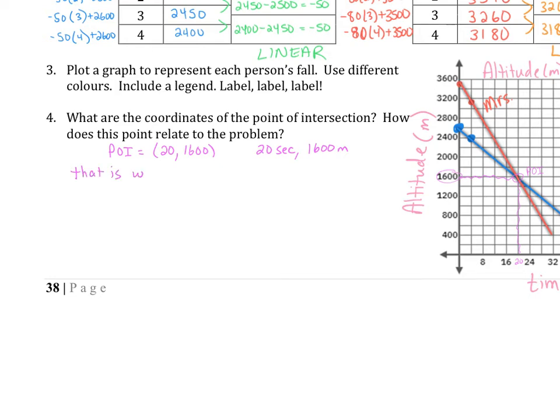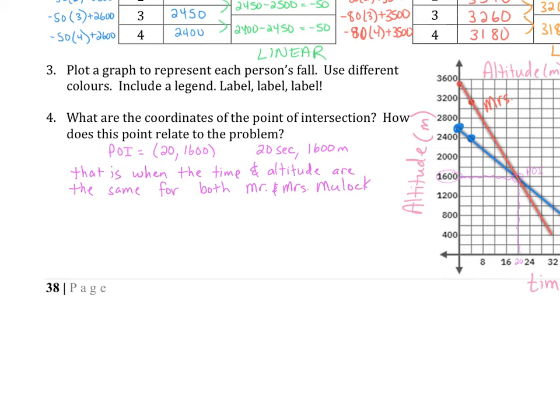And how that relates to the problem is that that is where they will meet up. That is when the time and the altitude are equal or the same for both Mr. and Mrs. Mulock.